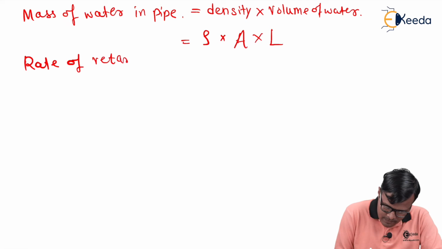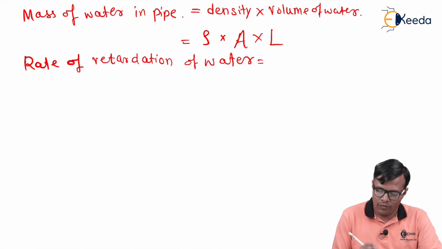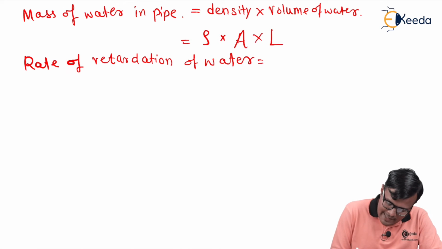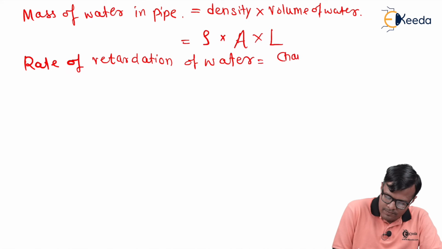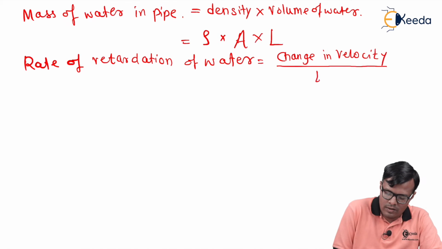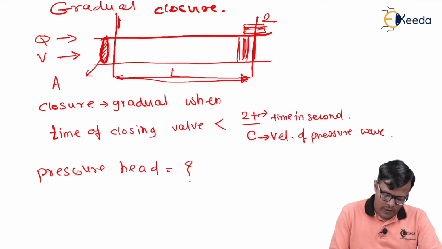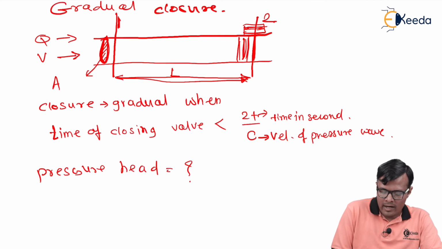Rate of retardation of water. I want to calculate rate of retardation of water. So that is nothing but the change in velocity upon time. What actually happens when we close the wall: at t equal to 0, velocity was v.